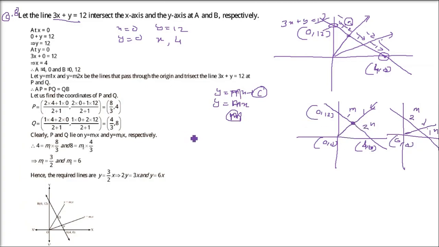As I told you earlier, the section formula: the x coordinate will be mx1 plus nx2 by m plus n, and the y coordinate will be my1 plus ny2 by m plus n. Here you will take m as 1 and n as 2. In the second line you will take m as 2 and n as 1, as I indicated earlier.